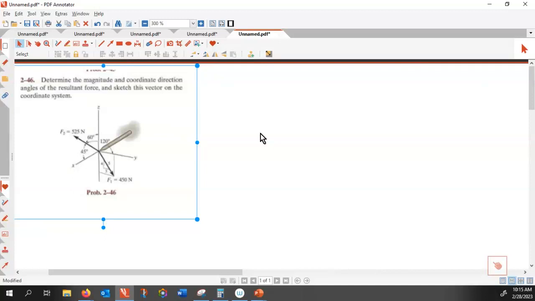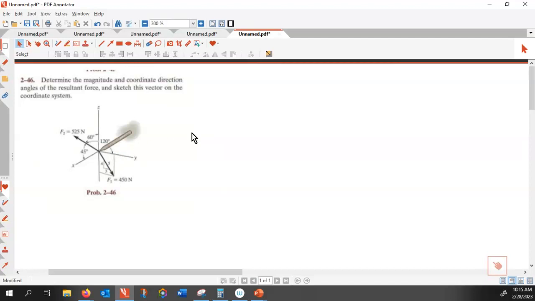Okay, how many forces are there? 1, 2, and we want to find the resultant. So that is starting with F1. F1 seems to be in the ZY plane.